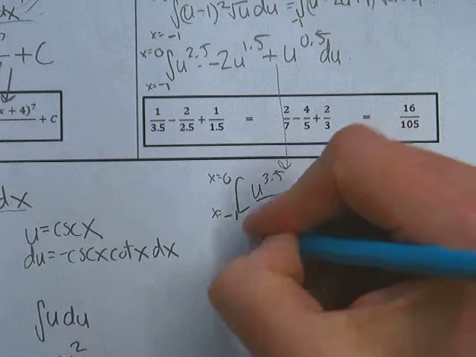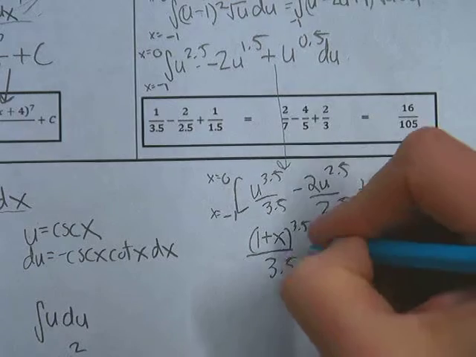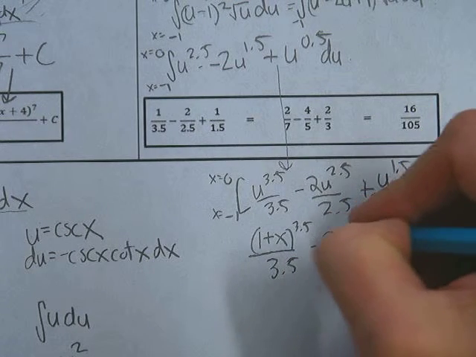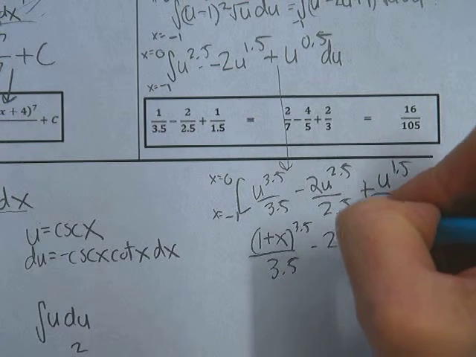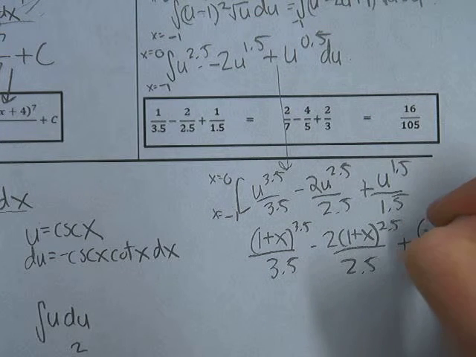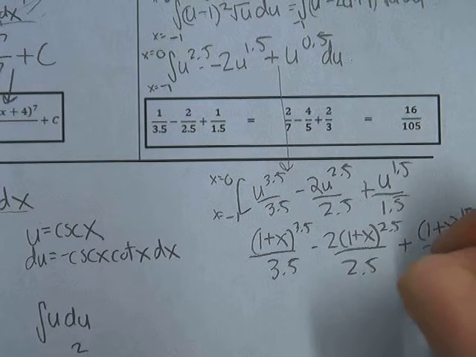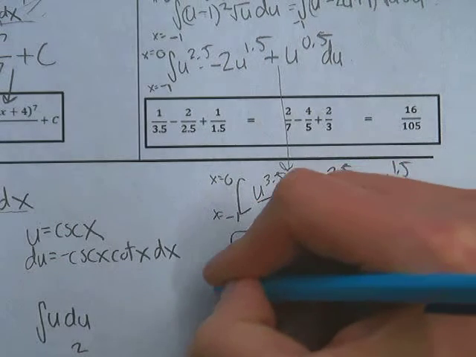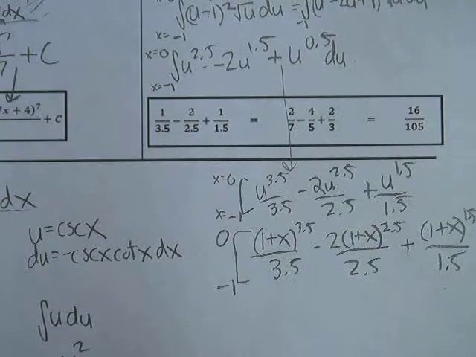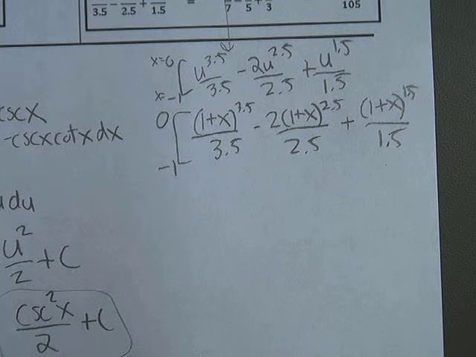So I'm going to do that. (1 plus x) to the 3.5 over 3.5 minus 2 (1 plus x) to the 2.5 over 2.5 plus (1 plus x) to the 1.5 over 1.5. And I'm still plugging in -1 and 0. But now I don't need to put the x there because I know they're x's, so I can plug in stuff now.